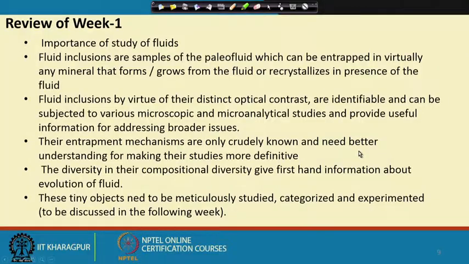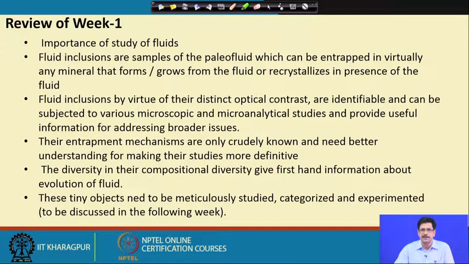Okay. So, if we look back at this particular week's discussions so far on fluid inclusions, let us recall that it is very important to study fluids, because there is a wide spectrum of processes which are fluid assisted or the result of direct fluid activity, and the fluid inclusions sample the paleofluid that operated.